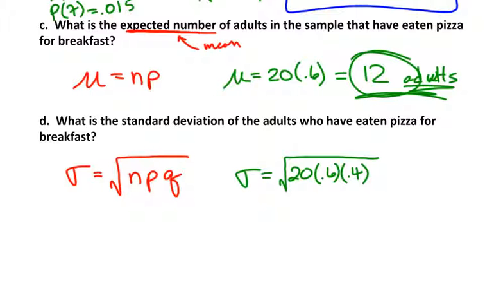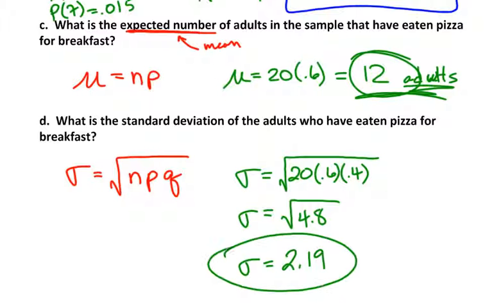So we have 20 times 0.6 times 0.4, and that gives us 4.8. So the square root of 4.8 is our standard deviation, and that is equal to roughly 2.19. So our standard deviation for this distribution is 2.19.